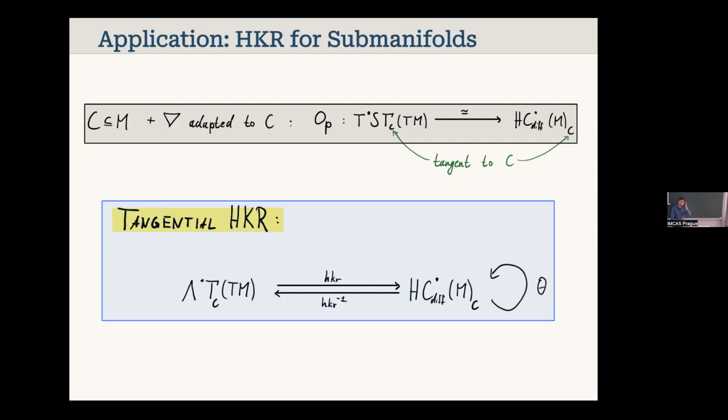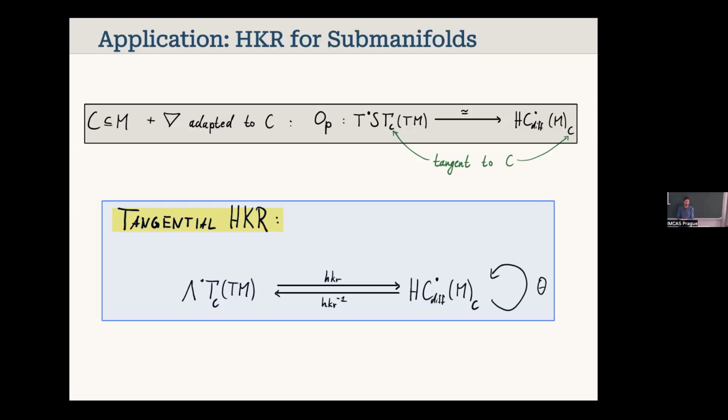And then you can see that the symbol calculus gives you an isomorphism between the differential Hochschild complex that consists of differential operators tangent to the submanifold, and the tensor algebra of the symmetric algebra, now of a slightly different module, namely the module of vector fields tangent to the submanifold C. Right?